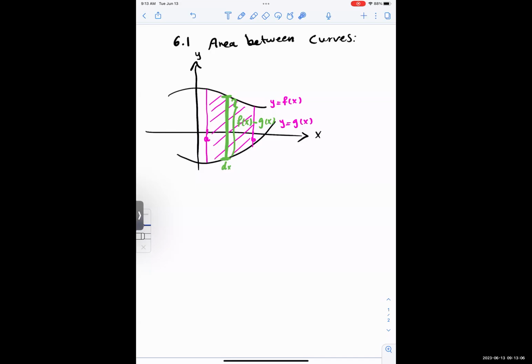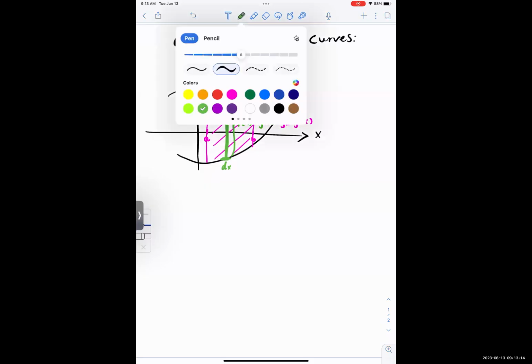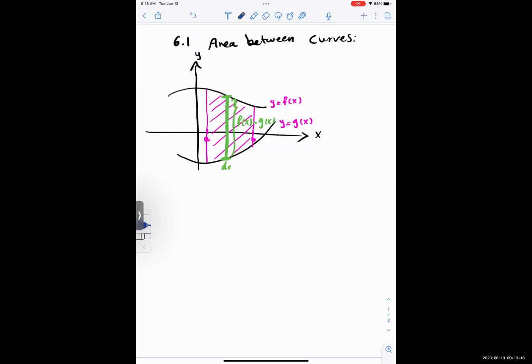Okay. Now, if I want to find the area of one of these rectangles, do you agree that it's f of x minus g of x, the difference, whatever it is, times the width?